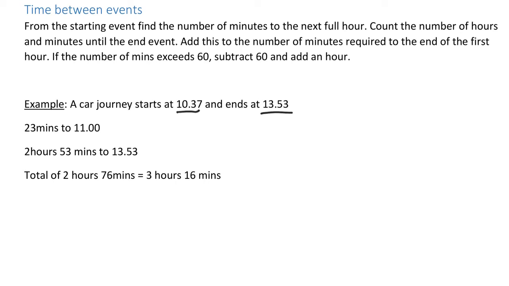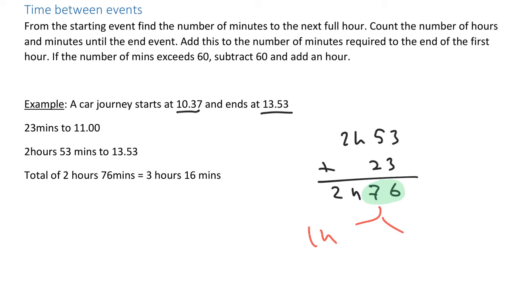If we add 2 hours, 53, and 23 minutes, we get 2 hours and 76 minutes. Now 76 minutes is obviously more than an hour, so we need to change that into 1 hour and 16 minutes. Therefore we have a total of 3 hours and 16 minutes.